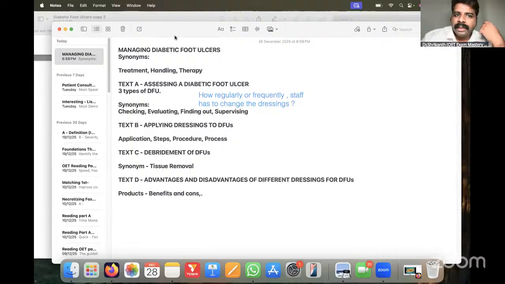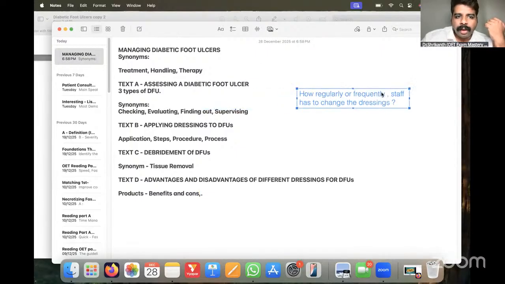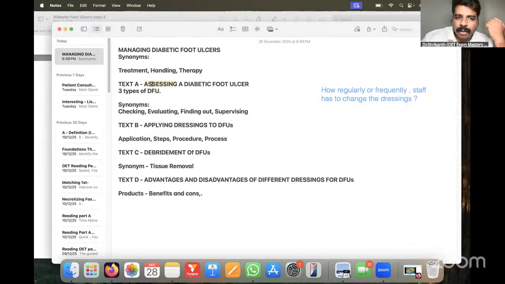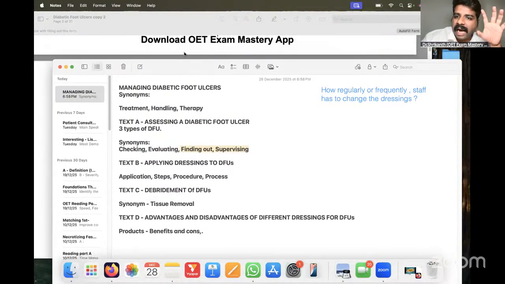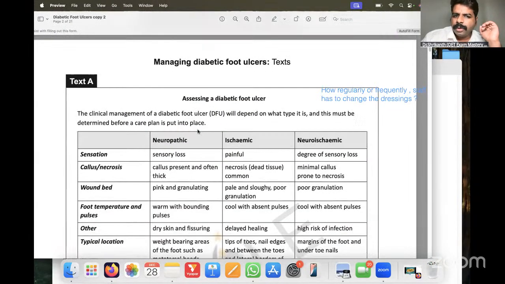Because in text A, they're only talking about the assessment, how to check, how to evaluate, how to find out or supervise if a patient has a diabetic foot ulcer. So my intuition is telling me no. The answer is not going to be in text A. Text A is only about assessment.